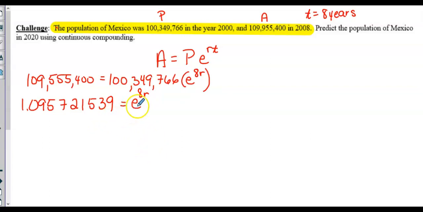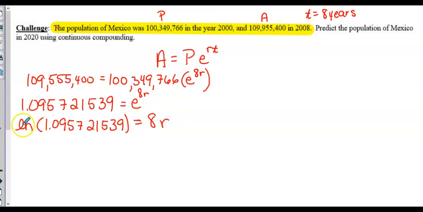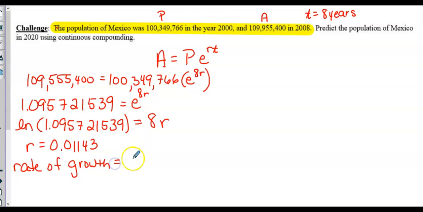So that means log base e of this number right here, which means that's my natural log, and then this number again equals 8r. So if I enter this in my calculator and then divide by 8, I will get r equals 0.01143. This means that the rate of growth is 1.143%.